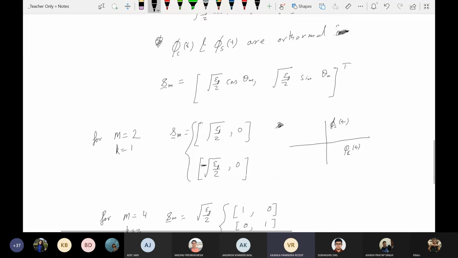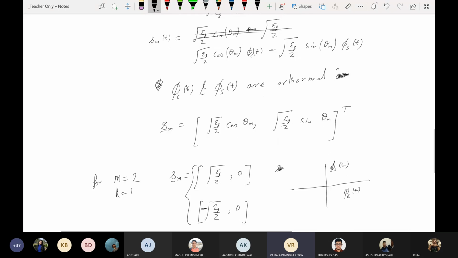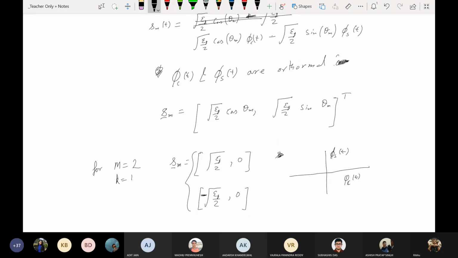Not the M equal to 2, k equal to 1 step. Yes, here θ_m equals (m−1)/M into 2π.